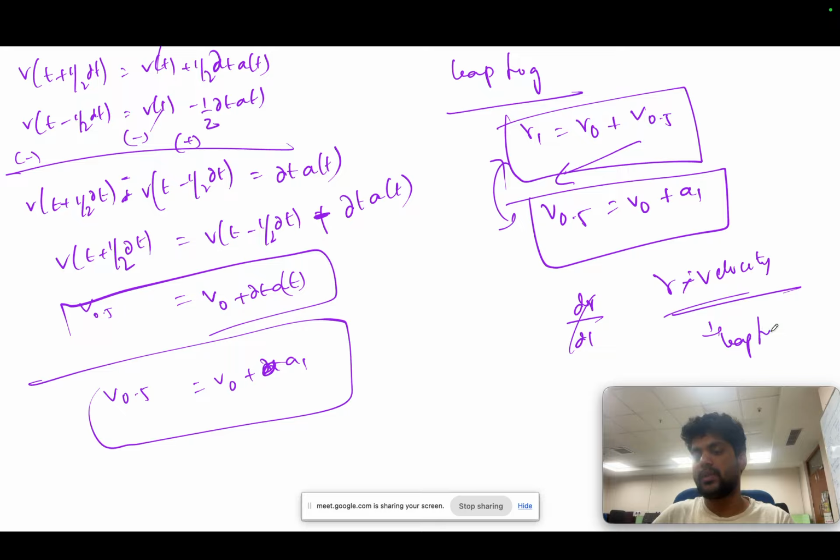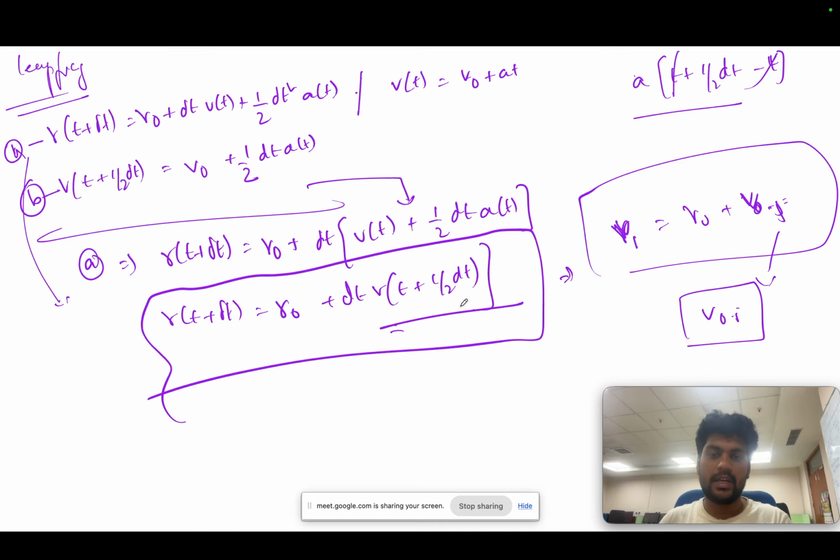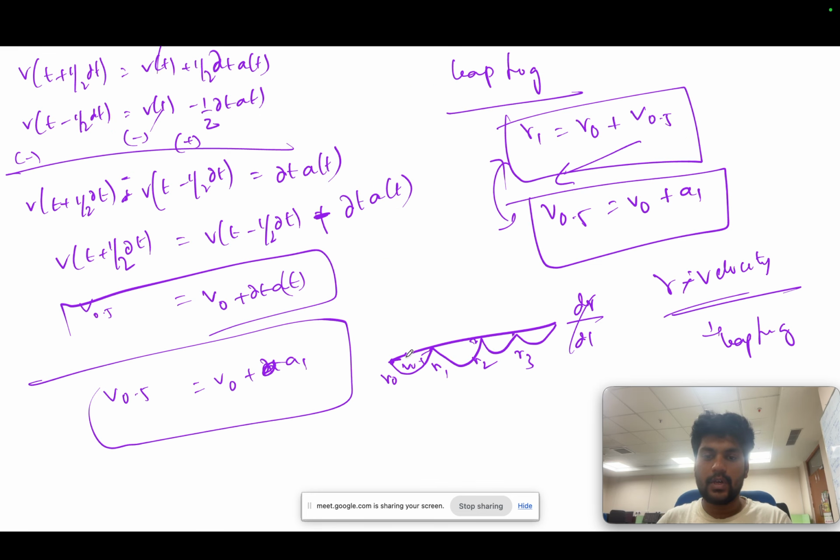That's why the leapfrog is the most suitable one for simulations. Basically, if we have r0, r1, r2, r3, we calculate r0, r1, r2, r3 and r4, but the velocities are calculated like this: v 0.5, and then if you want to calculate r2, you go for the v 1.5, so it will go like this.